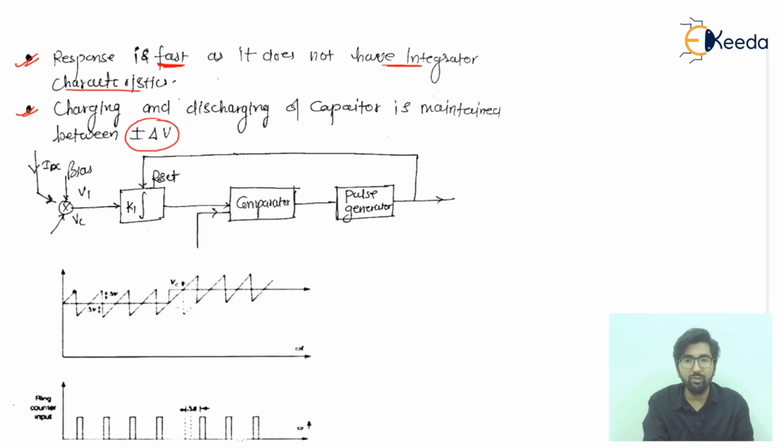And due to the charging of the capacitor, the step signal can be taken, because the VC at the starting was on the 0 line, and due to the capacitor it is increased to some value, just like in the clamper circuit. So charging and discharging of the capacitor is maintained at plus minus delta V. Above it we will take plus delta V, and below we will take minus delta V, like this.